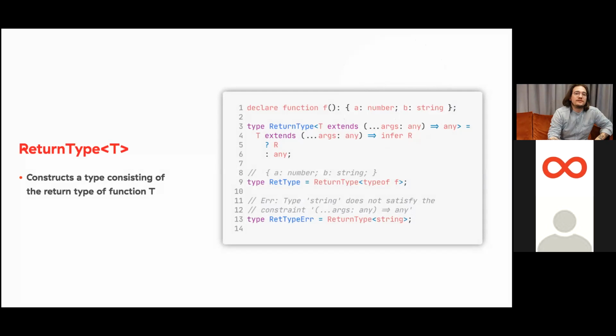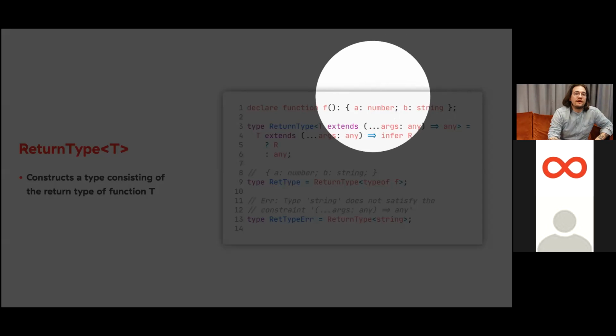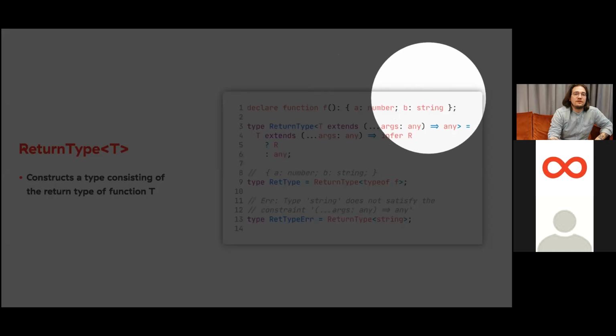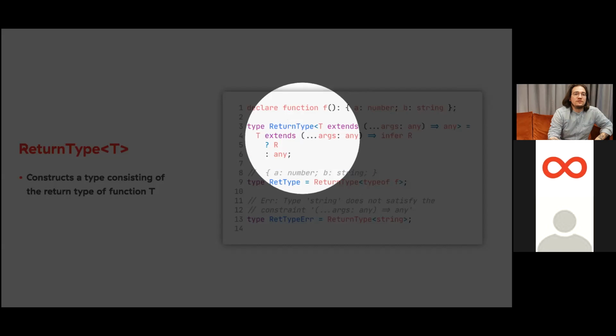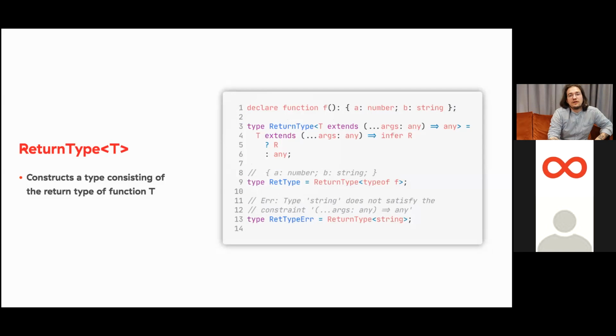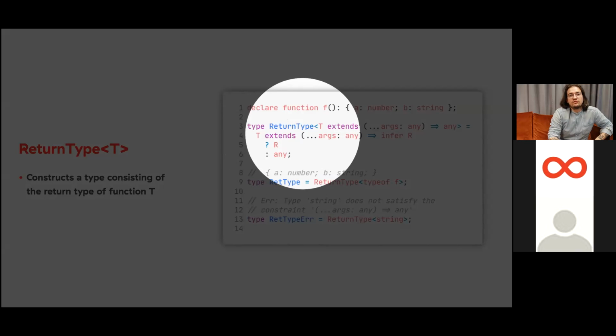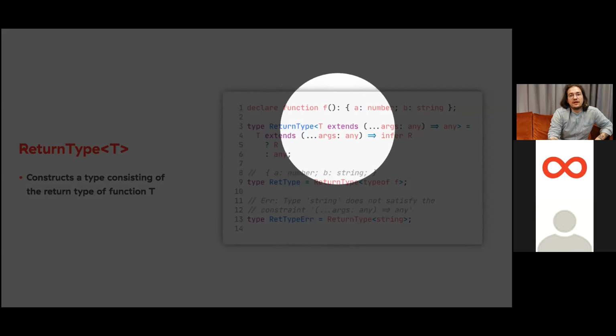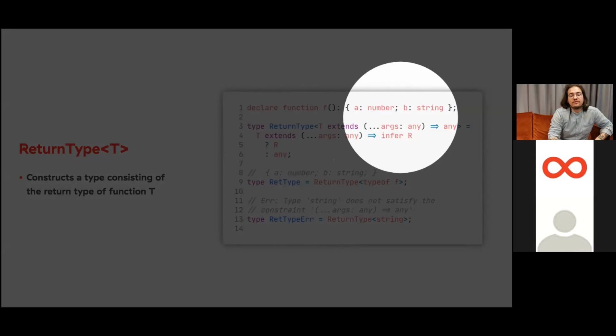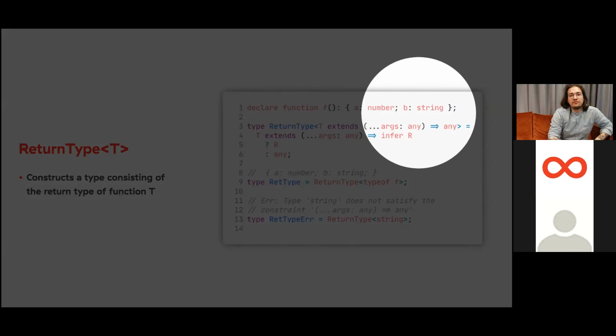We can see that if we want to extract this return value, we will use ReturnType here. You can see that we constrain our type parameter T as something that is function-like, right? So we have the args, which are typed any, meaning any number of arguments, and we return any here. This is how we would declare a function type in TypeScript.